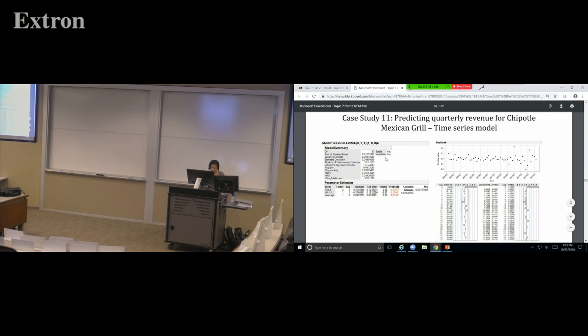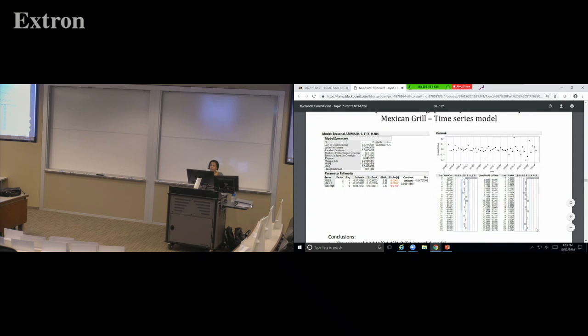Okay. And so when you fit an ARIMA 0111004 to your data, what you're able to see is that it does appear to be a valid model. If you look at the Ljung-Box Q statistics, all of the p-values are greater than 0.05, telling us that the residuals from this model appear to be white noise.